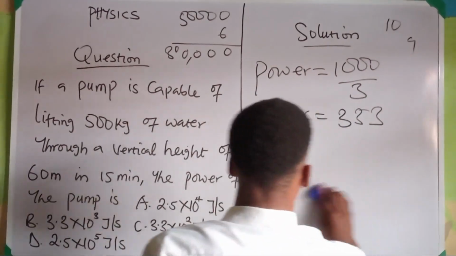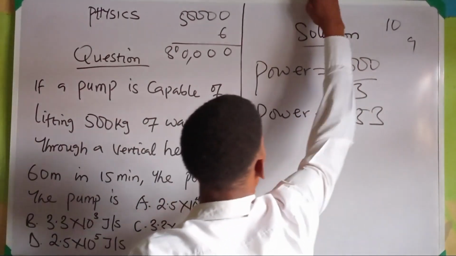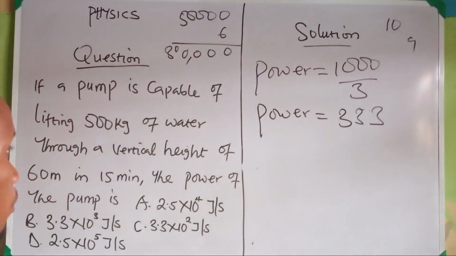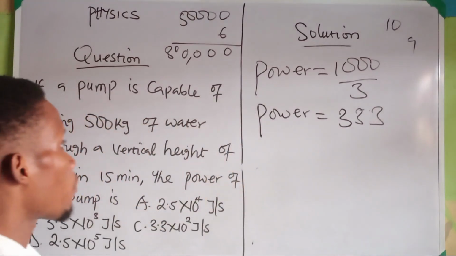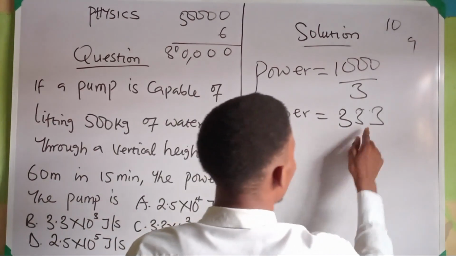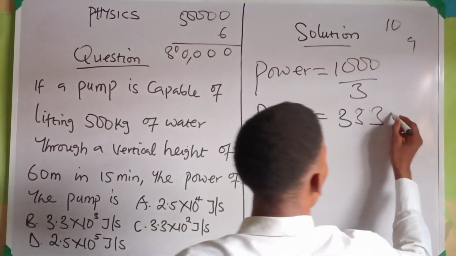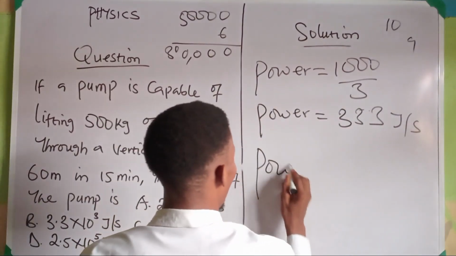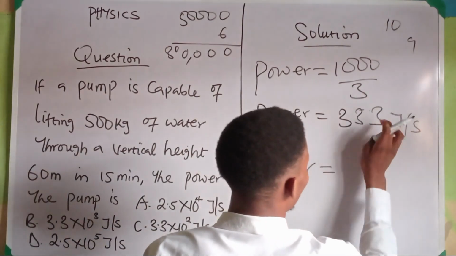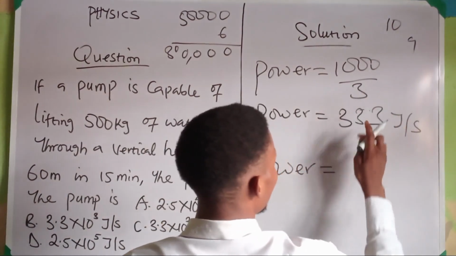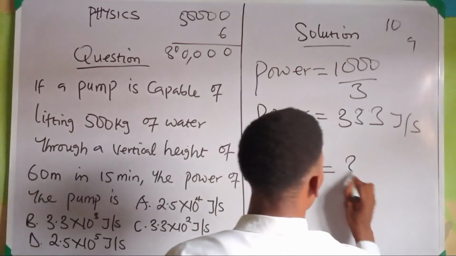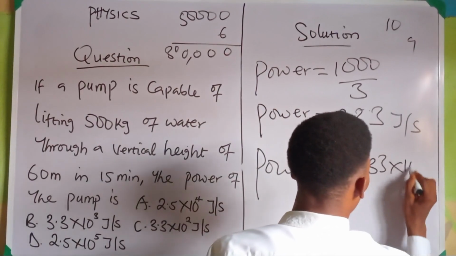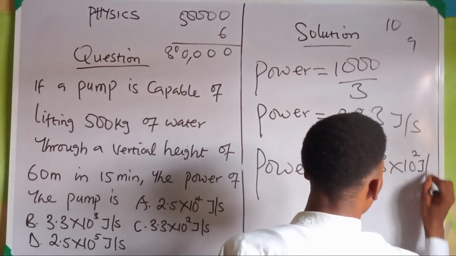So this is what we're going to have as our answer. The power expended, or the power of the pump, is 333 joules per second. This can also be represented in this form: we will have 3.33 multiplied by 10 raised to power 2 joules per second.